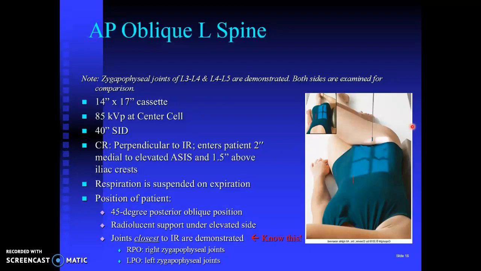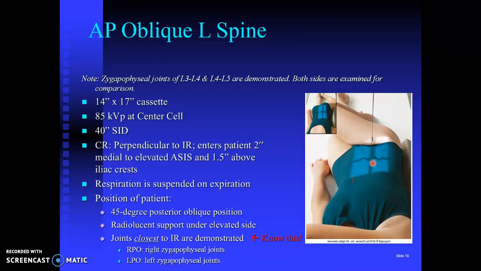Your central ray will be perpendicular to your image receptor, entering the patient 2 inches medial to the elevated ASIS and 1.5 inches above the iliac crest. So you're going to palpate for the ASIS, center 2 inches medial, and then also 1.5 inches above the iliac crest. The respiration will be suspended on expiration, again moving the diaphragms up and out of the way.